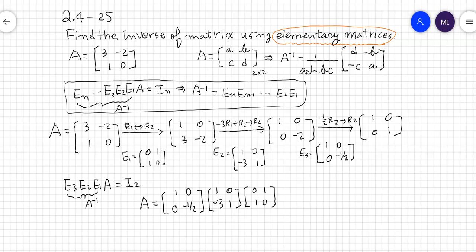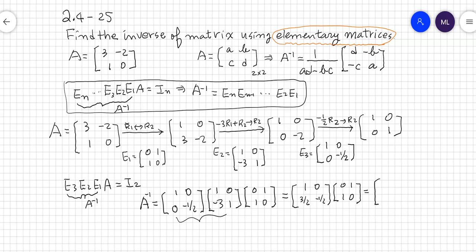Well, let's compute A inverse. When you multiply the first two, it is 1, 0, and then 3 half, negative 1 half. And then multiply by 0, 1, 1, 0.